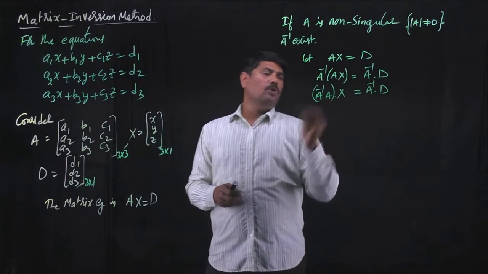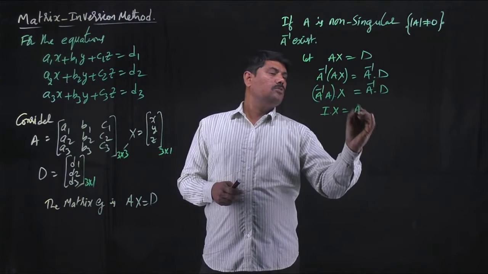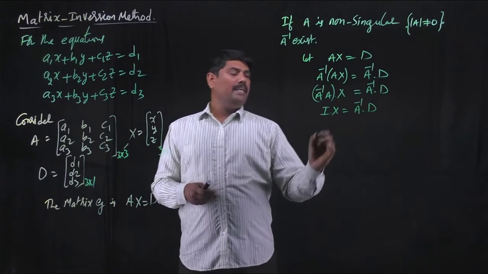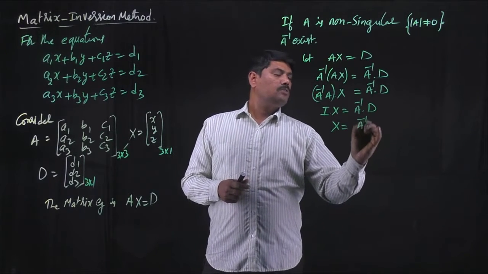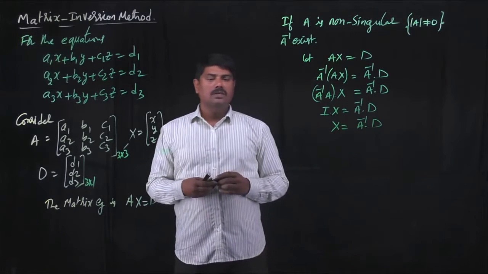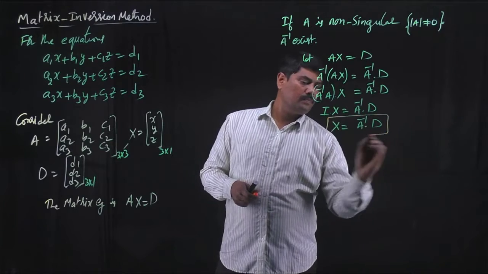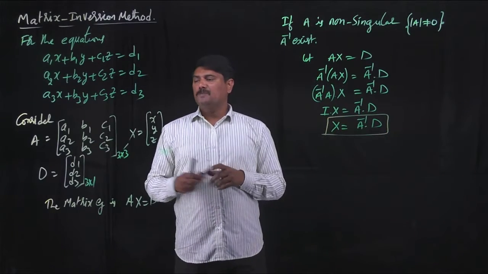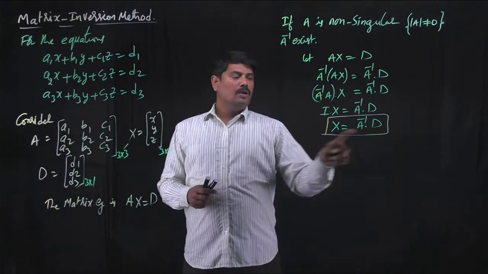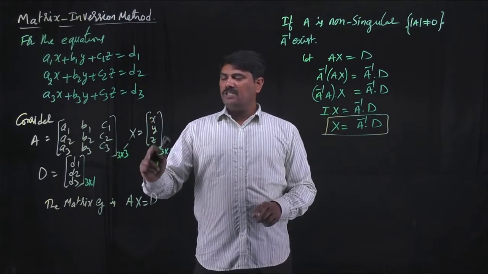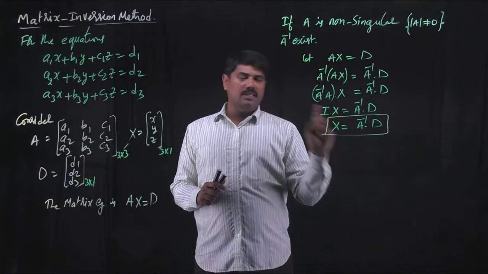As we know, A inverse into A becomes the unit matrix I. So I into X is equal to A inverse into D. Since I is the identity matrix, I into X is again X. So X is equal to A inverse into D. This is how we obtain the matrix X. To find the variables x, y, z which are in the matrix X, you have to find A inverse.